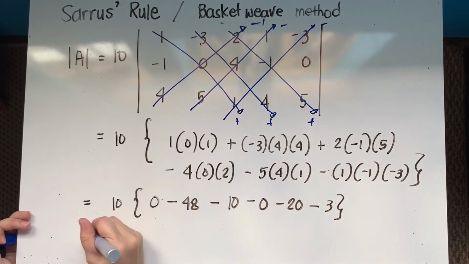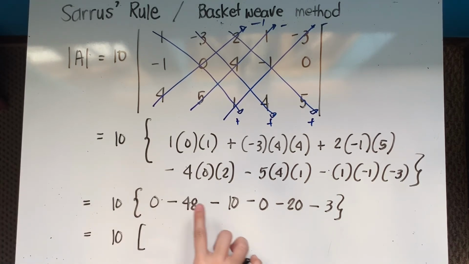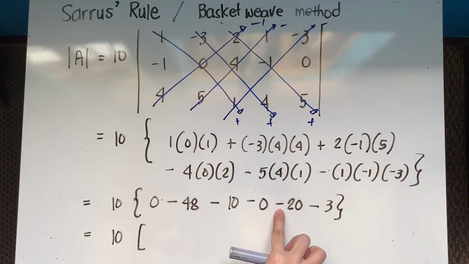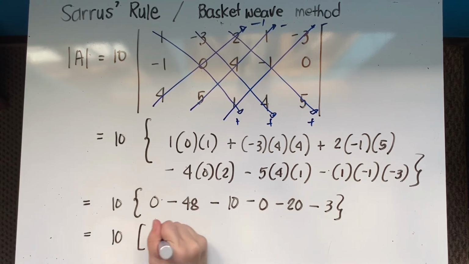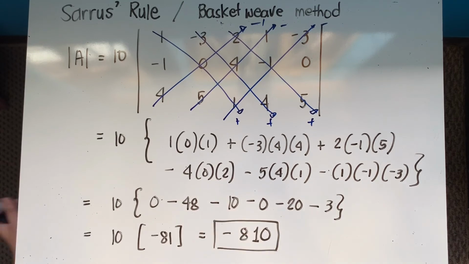Okay. That would be 10 times, how much? Negative 48, negative 58, negative 78, negative 81. And our answer will be negative 810. So that would be the determinant using the basket weave method or the rule of Sarrus.